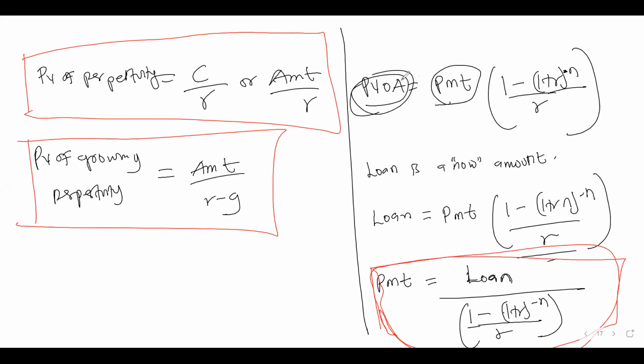Look at what I wrote: present value of ordinary annuity. The present amount you are receiving is the loan. Loan is the now amount. So the loan is actually this thing here, and we are looking for this payment. And so there's no way you can use the formula straightforward. You have to make the payment the subject and it becomes like this. Okay? You can't use it straightforward, if that's the question you're asking.